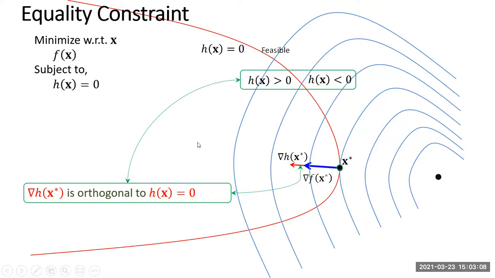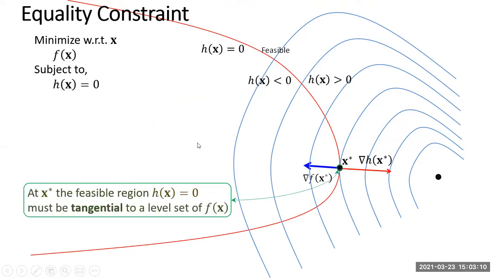Because it must be orthogonal, right? So, at x star, the feasible region h of x equals 0 must be tangential to the level set of f of x.